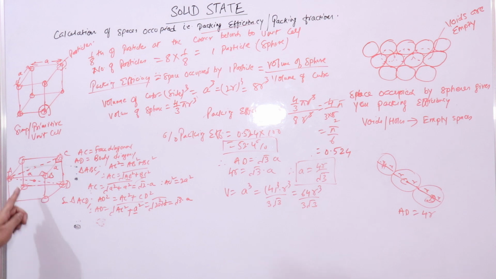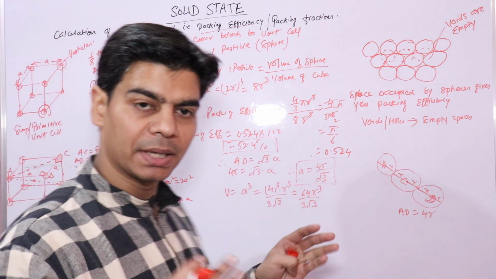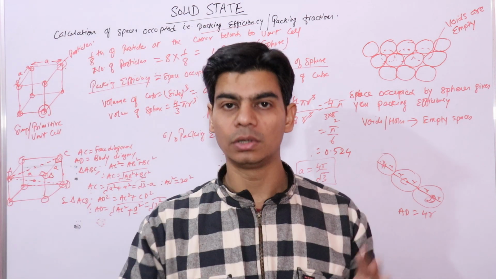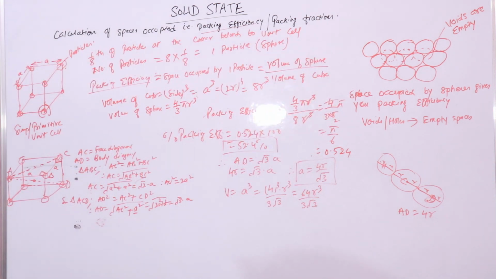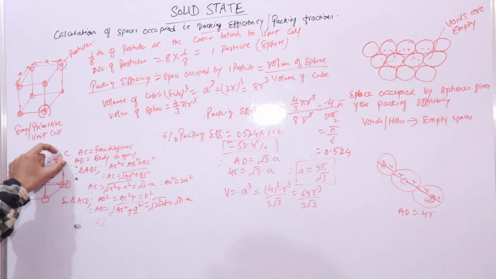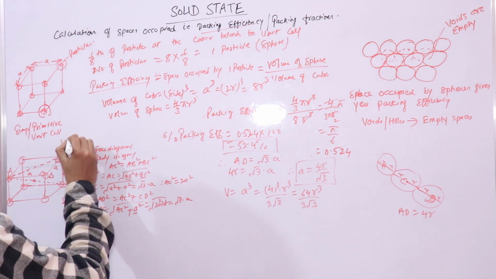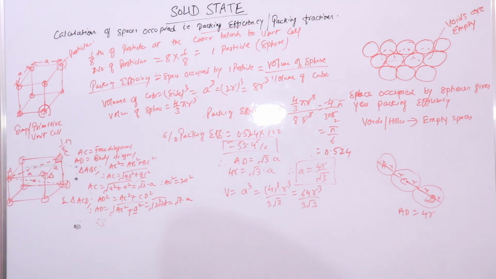Now we have to find the volume of these particles, which will give us the space occupied by the particles at the 8 corners and the one particle which is at the center of the cube. We have already understood in the previous lecture that 8 particles at the corners would contribute one total particle, because at a corner only 1/8th of the particle belongs to this unit cell, and we have other neighboring unit cells as well, right?